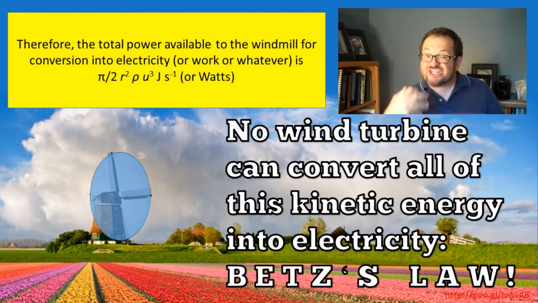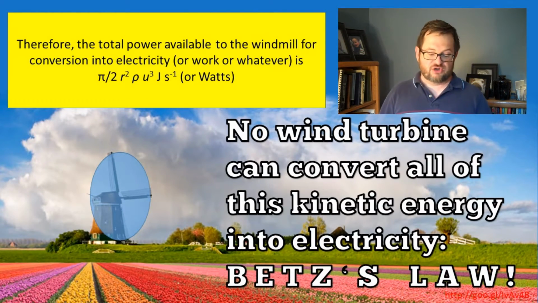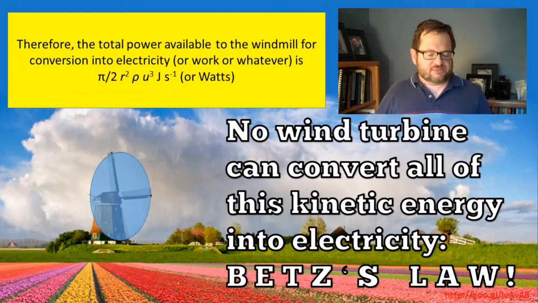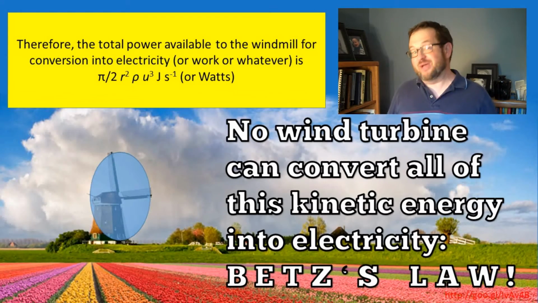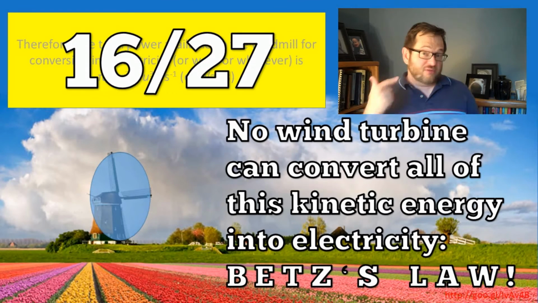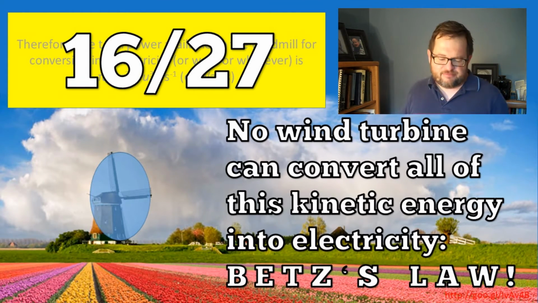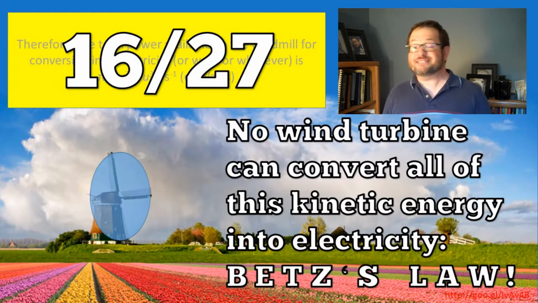Doesn't mean that the windmill can actually convert that into useful energy. In fact, there is a limit as to how much energy can be captured or harvested from the wind, based on the wind speed and so on, and it's actually called Betz's law. Now, Betz's law is actually going to be the topic of the next big lecture in the class, but just to give you a hint ahead of time, it works out to 16/27.